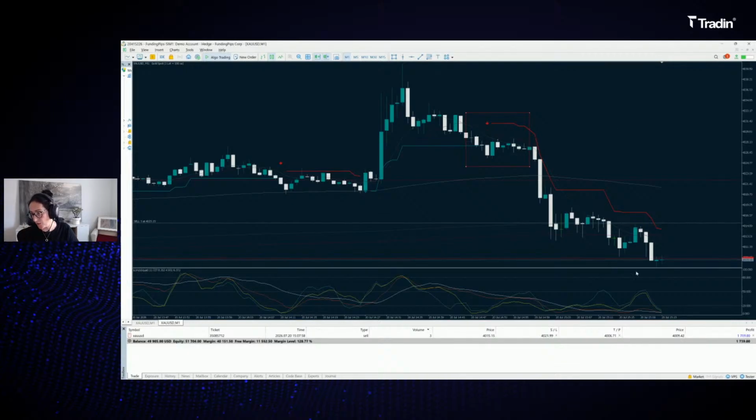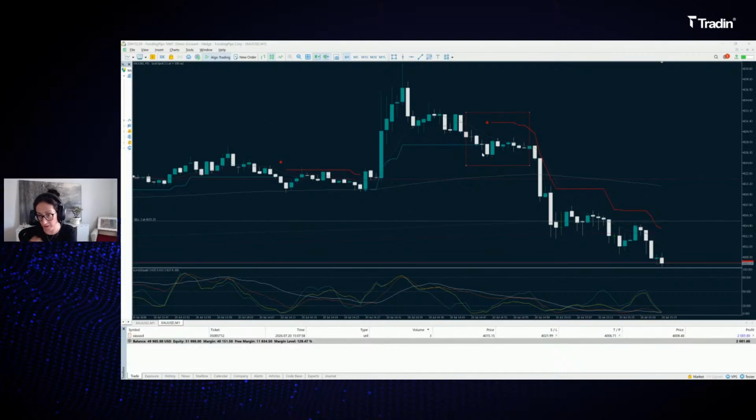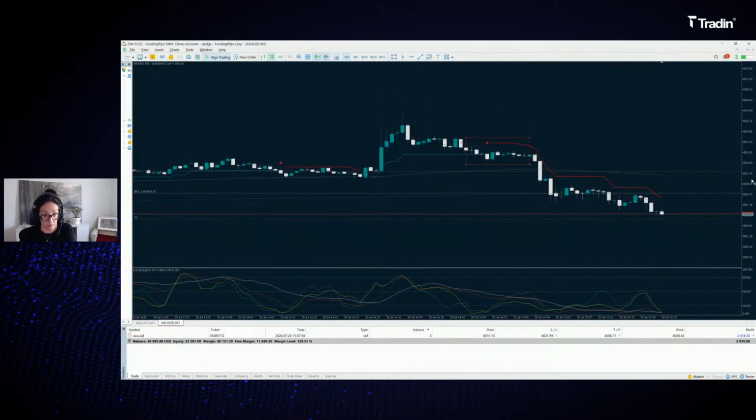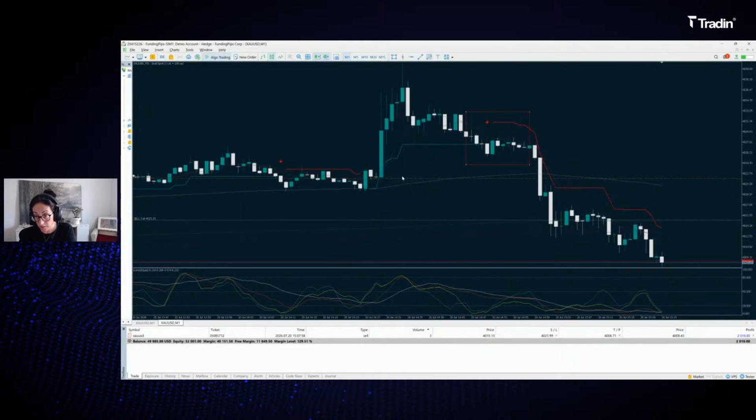Can I change the color of the stop loss and take profit? What if I do that? Not actually very good either.